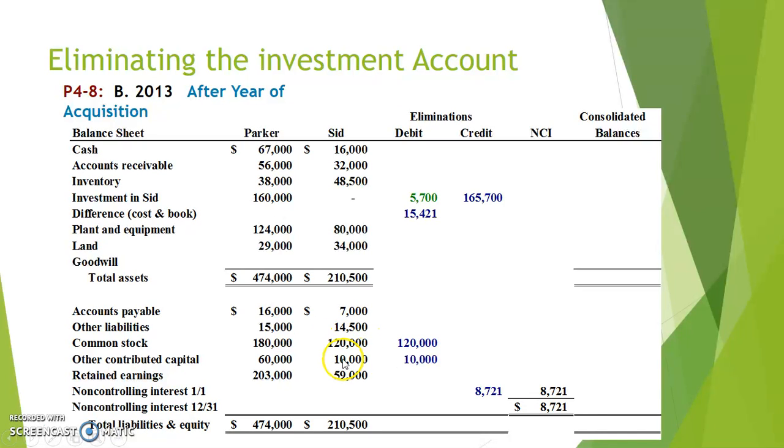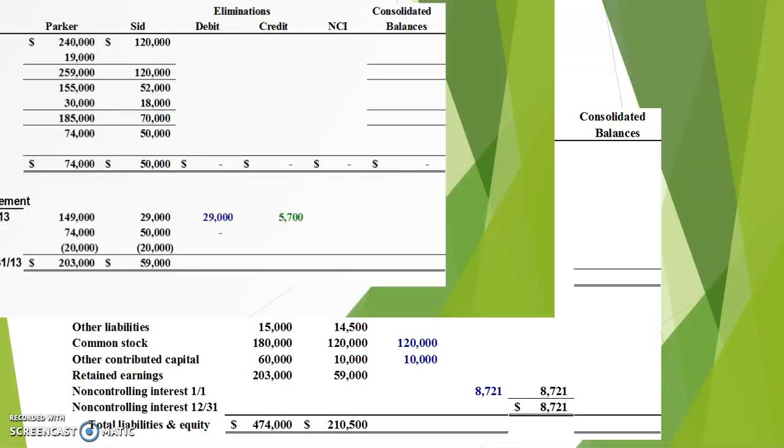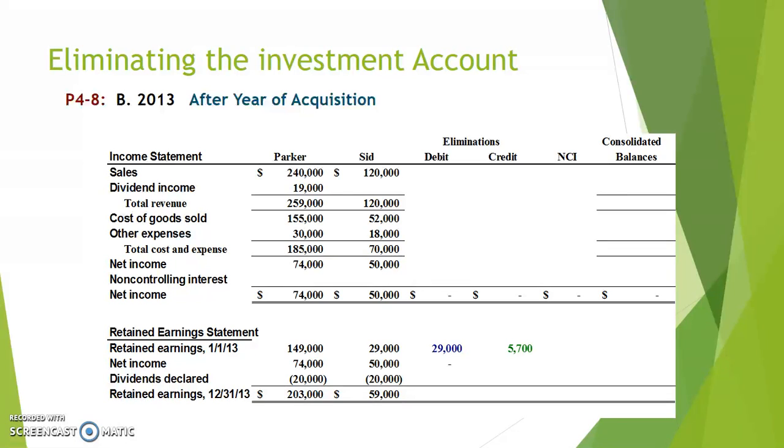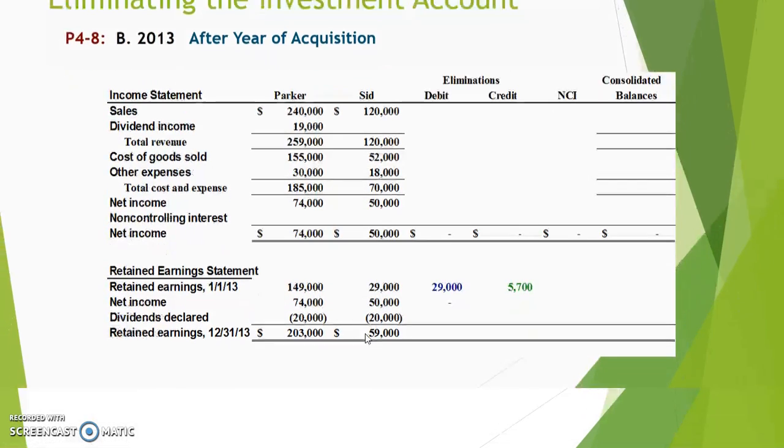This 10 other contributed capital is also eliminated, and the non-controlling interest of 8,721 is recorded here as a credit, and we carry this total over to the non-controlling interest column, which is basically a working column in this worksheet. Having completed the elimination of the investment in subsidiary account, we then move to the next step. So the 29,000 you note here reflects our elimination of the 29,000 in the subsidiary's account.